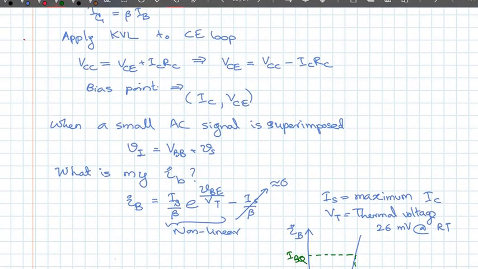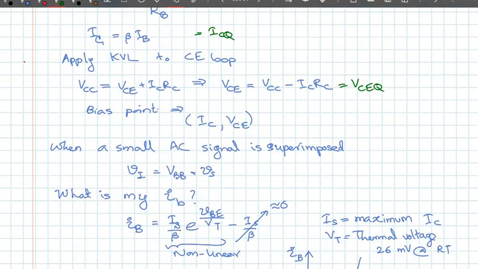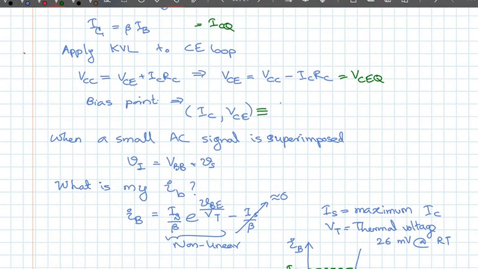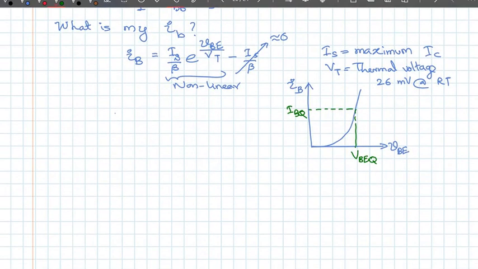So this is VCEQ, this is IBQ, this is ICQ. Okay, so this is equal to ICQ, VCEQ. These are the quiescent conditions. Under such conditions, so these are my values.